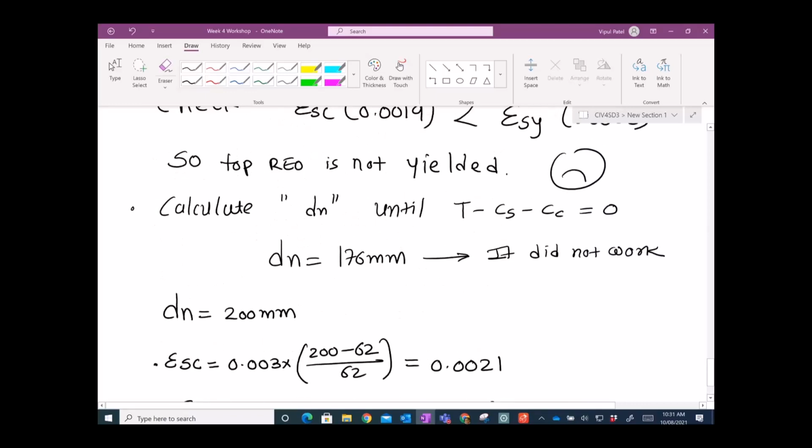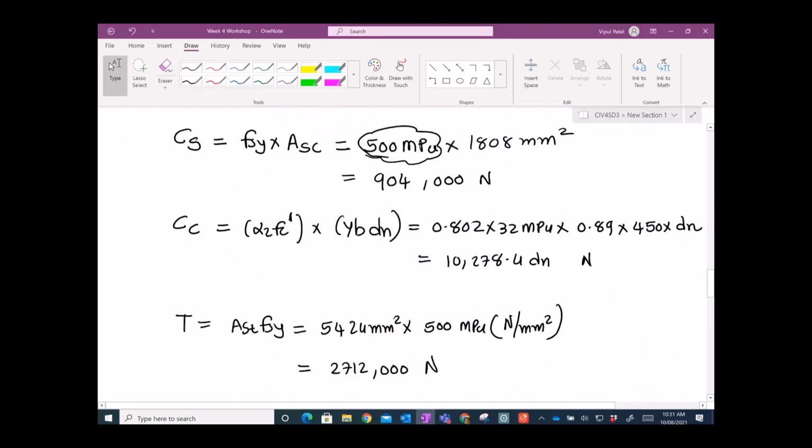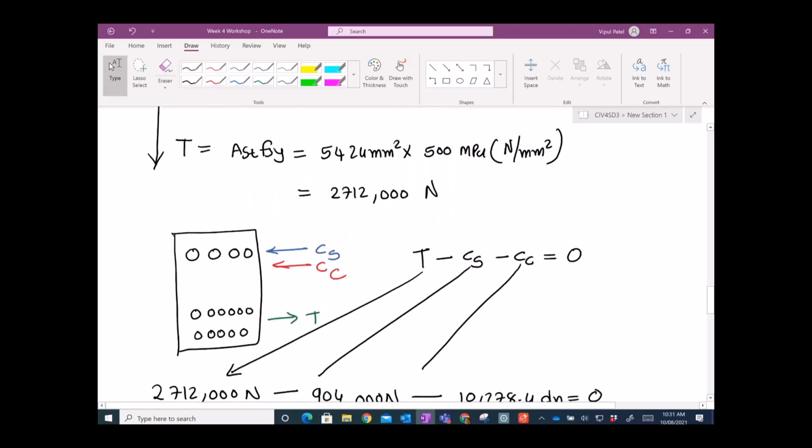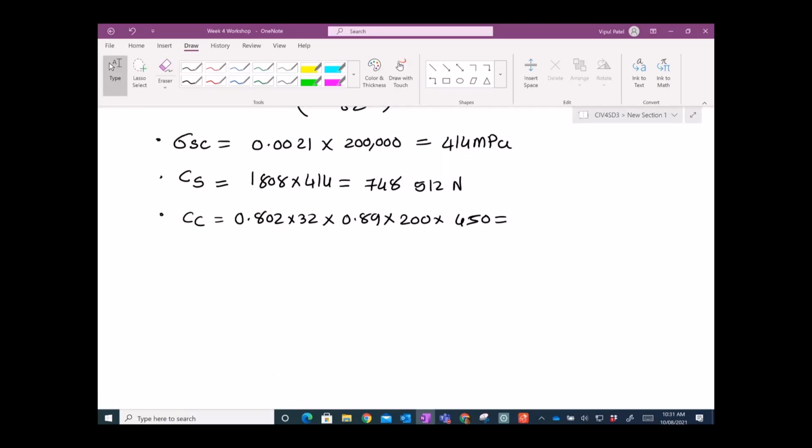Basically, I'm just repeating this whole process. All these equations are the same. The only difference is that you get a new value for this one. Those are the two differences, and then I continue checking whether this equation equals 0 or not. I hope you understand that. Therefore, I'm not writing those equations again, to save some time.